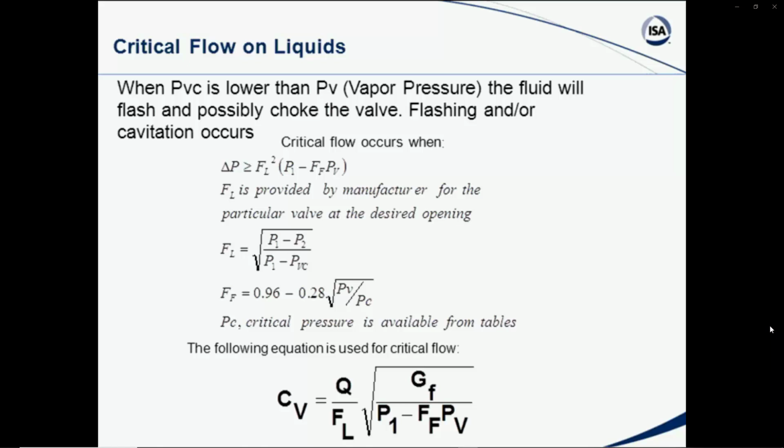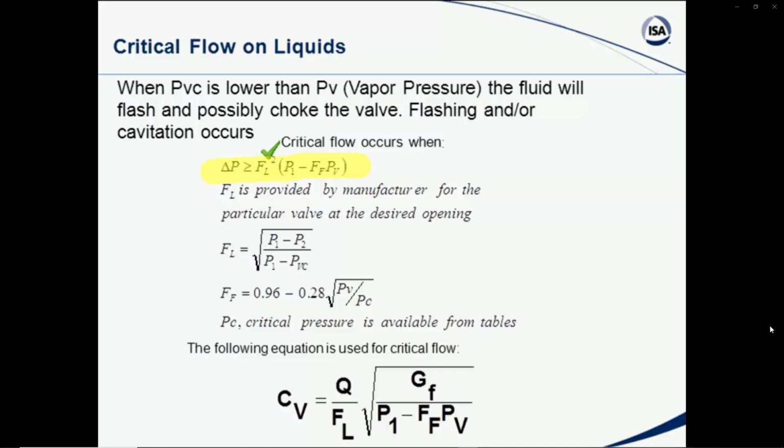Critical flow, we mentioned the vapor pressure. When the pressure at the vena contracta is lower than that vapor pressure, the fluid will tend to flash and possibly choke the valve. And that can be calculated by checking the maximum delta P, or the delta P allowable, and notice that it's based heavily on a factor called F sub L. The F sub L is critical, and for instance on a globe valve, it's an average of about 0.85.